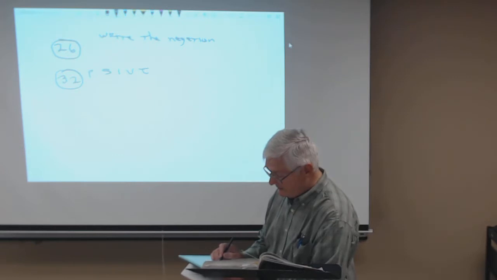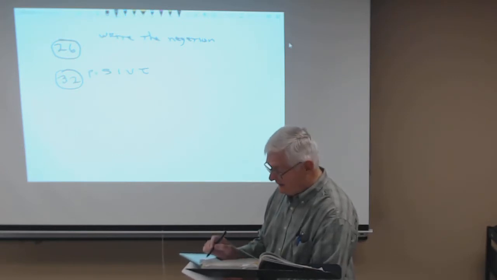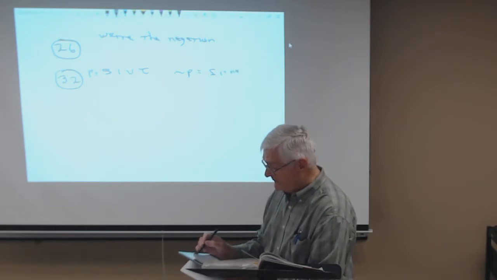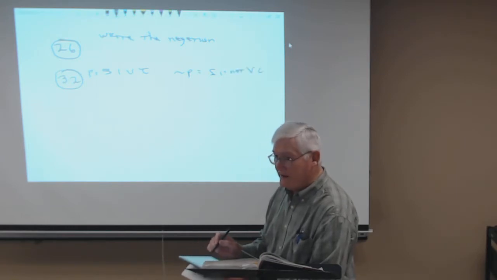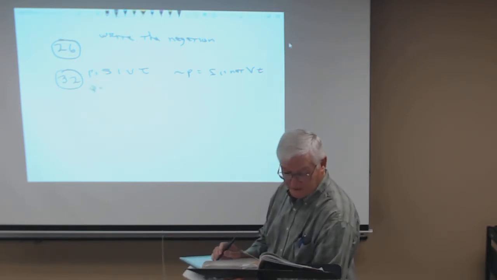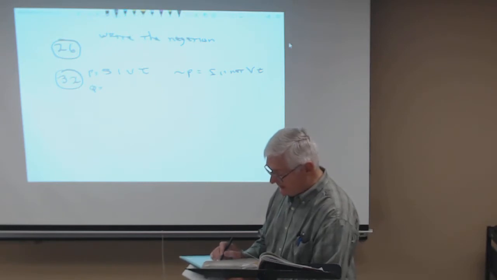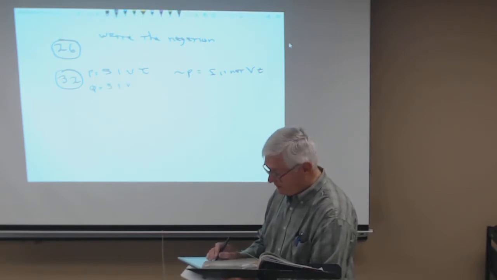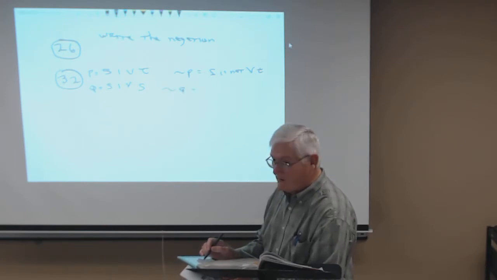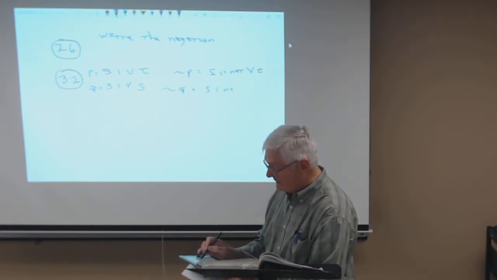That's P. How would you negate that? Not P would be what? She's not tall. Sally is not very tall. Everybody agree? What's Q? What does Q say? Sally is very short. What would not Q be? Sally is not very short.